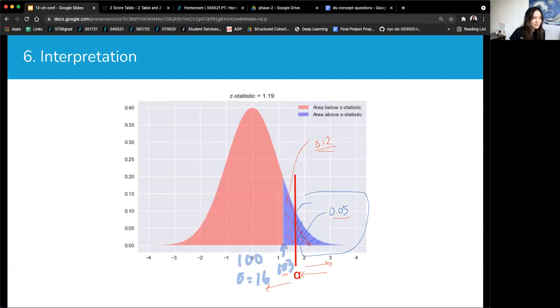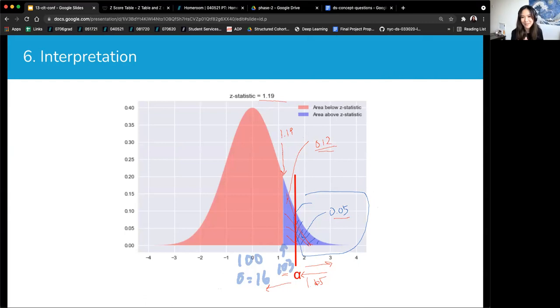This alpha has an associated z-score of 1.65. And because this line here is 1.19, 1.19 basically did not make it past the threshold for tutoring to have an effect.